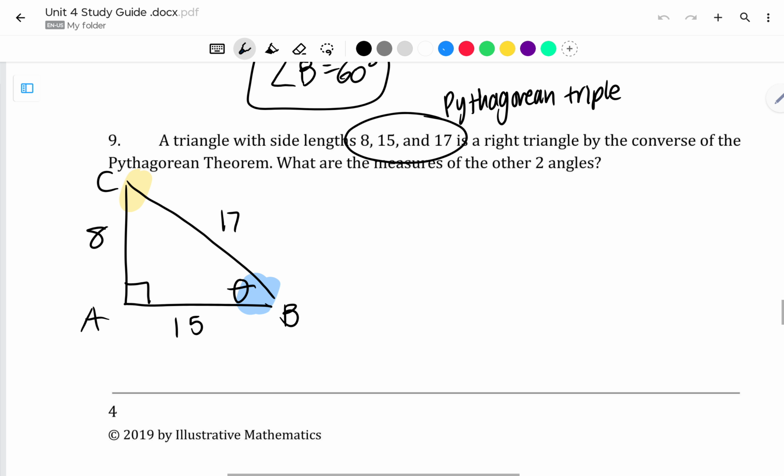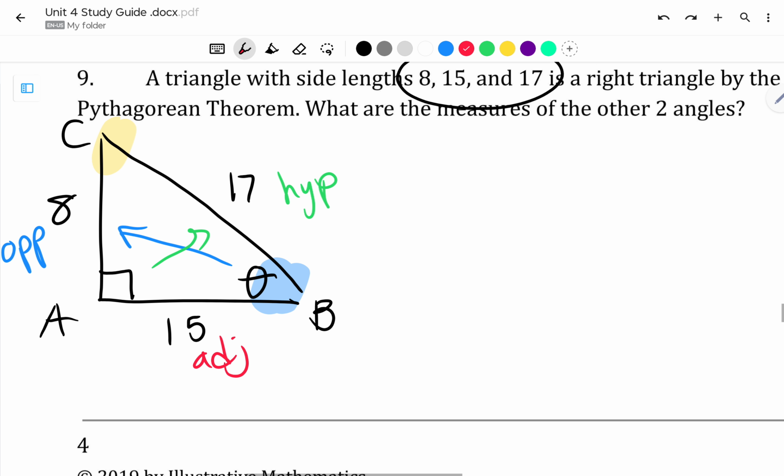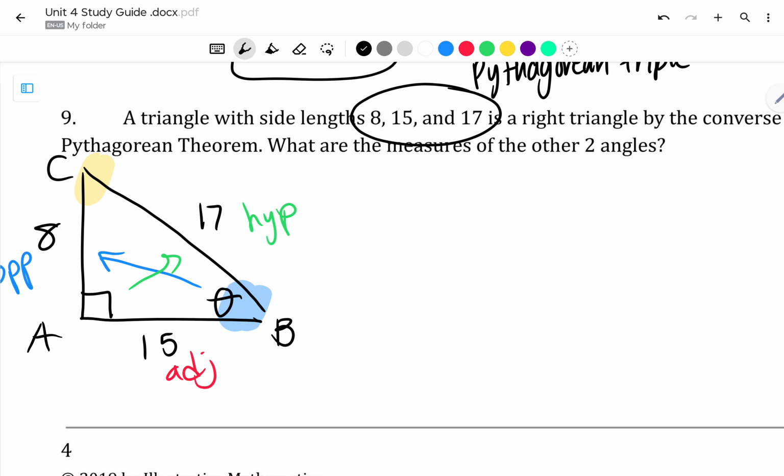So all you got to do is, again, label your sides, opposite, hypotenuse, adjacent, based on whatever angle you chose, right? If I chose this angle, now this is my opposite, this is my adjacent, and this is my hypotenuse, okay? But that's not the case. We chose that other angle. So I'm going to label my sides, and I have all 3 sides, right? 8, 15, and 17.